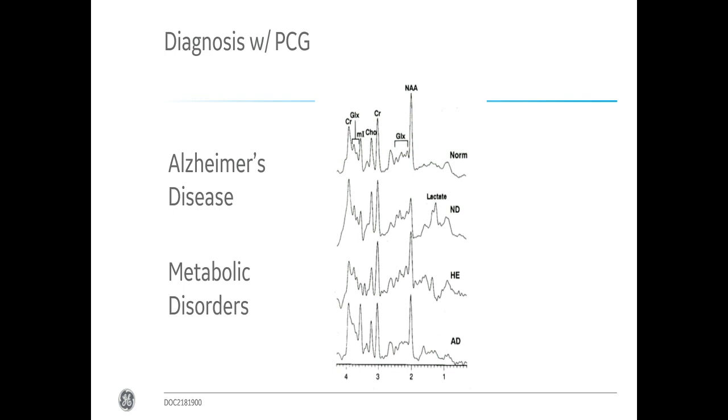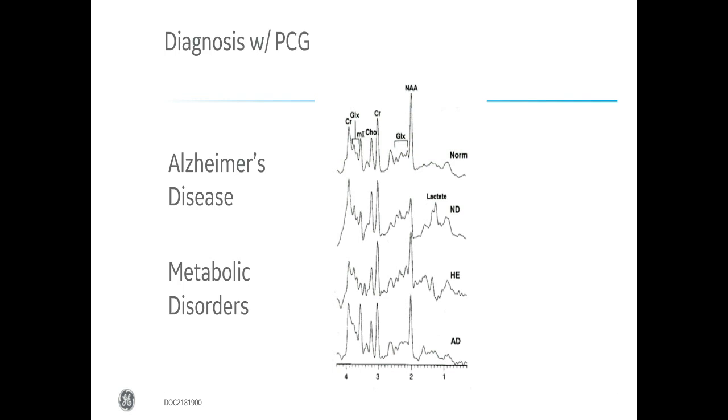And here we do have 4 different spectra. On top again, what we call the normal. And on the bottom, you see 3 different diseases, for Alzheimer's disease, for hypoxia, and I need to think about what encephalopathy this is, for hepatic encephalopathy.